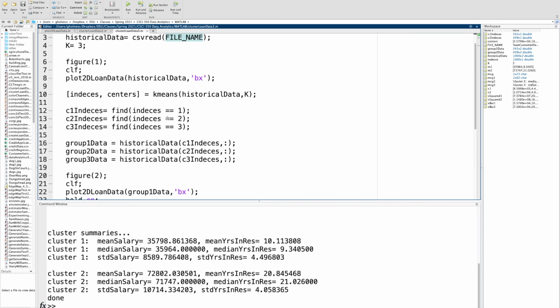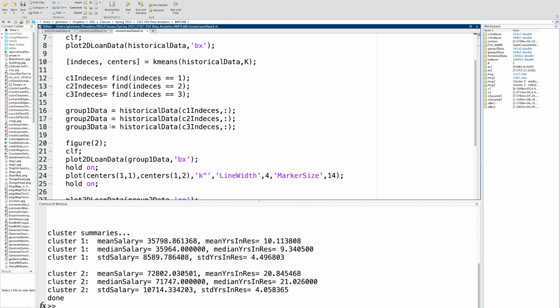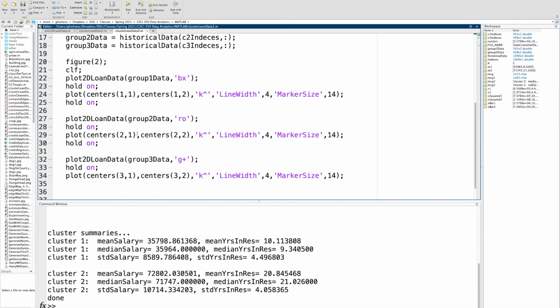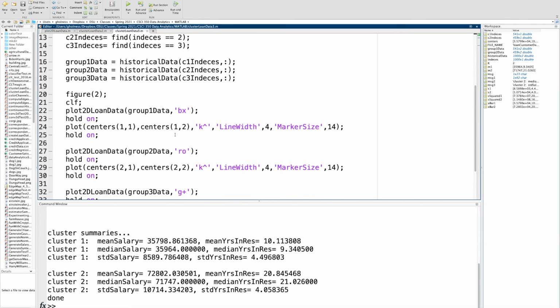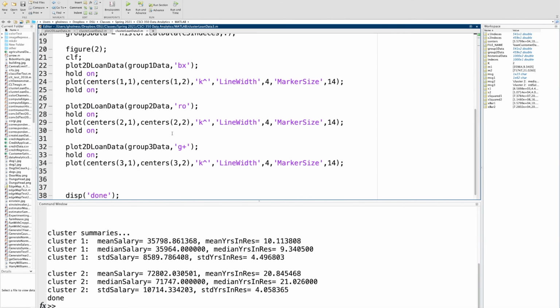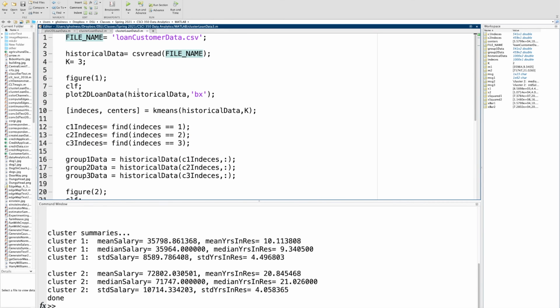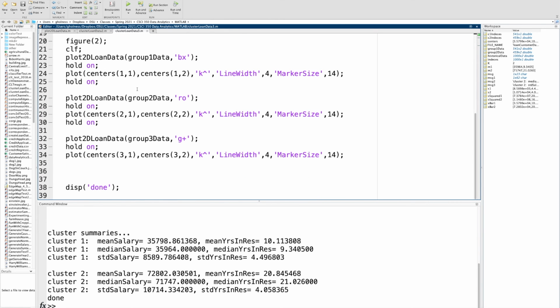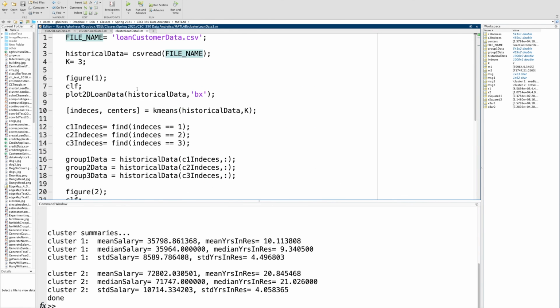So when I look at my indices, I find the indices where the cluster is 1, 2, and 3. I partition my data to get the groupings of all those data points corresponding to group 1, 2, and group 3. So then I plot, coloring my data based on this group membership, group 1, 2, and 3. All right. So only in this example, I'm not plotting or computing the summary statistics.